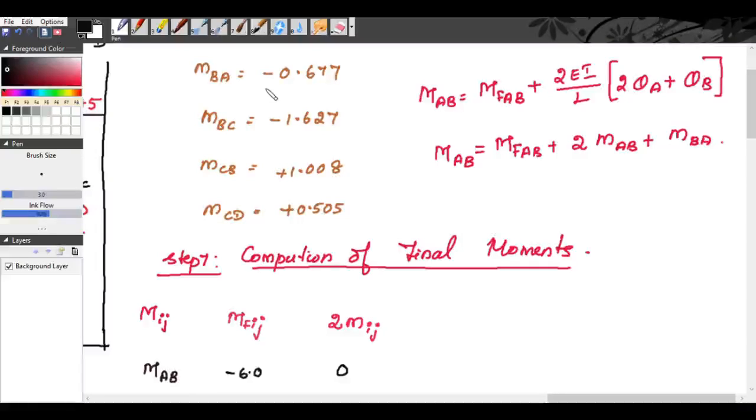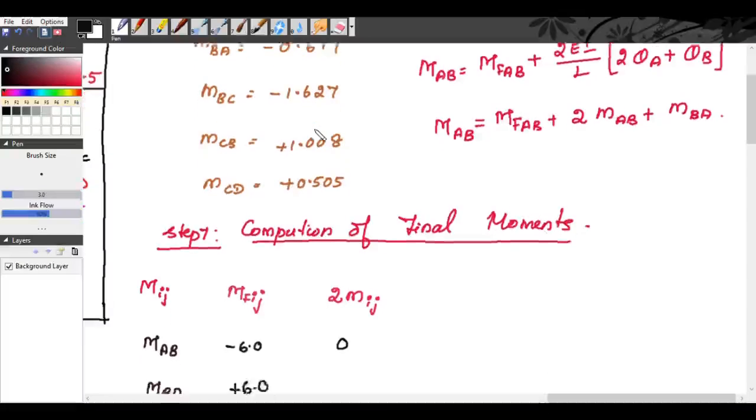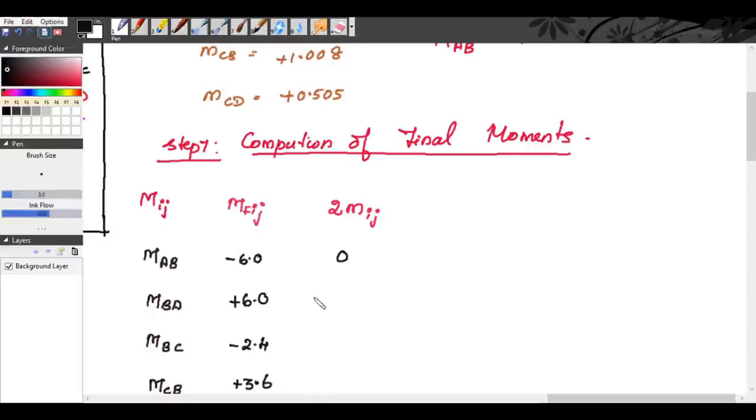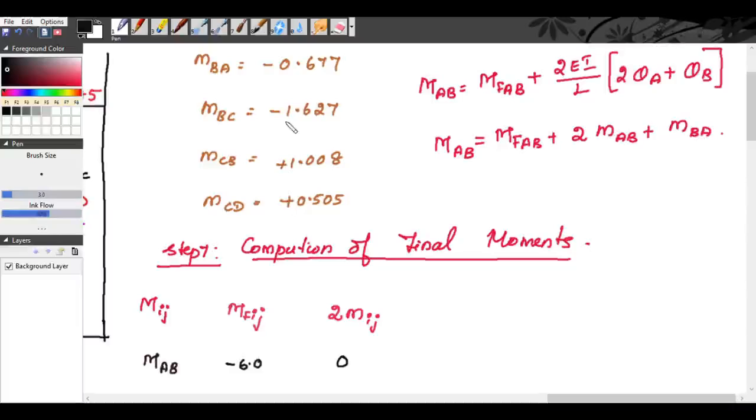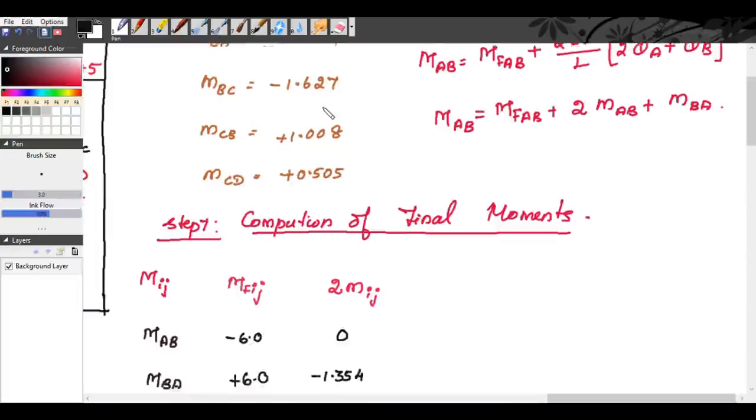MBA is minus 0.677, so 2 into minus 0.677 we get minus 1.354. Now IJ means BC, so 2 times MBC. MBC is minus 1.627, so 2 into minus 1.627 we get minus 3.254.